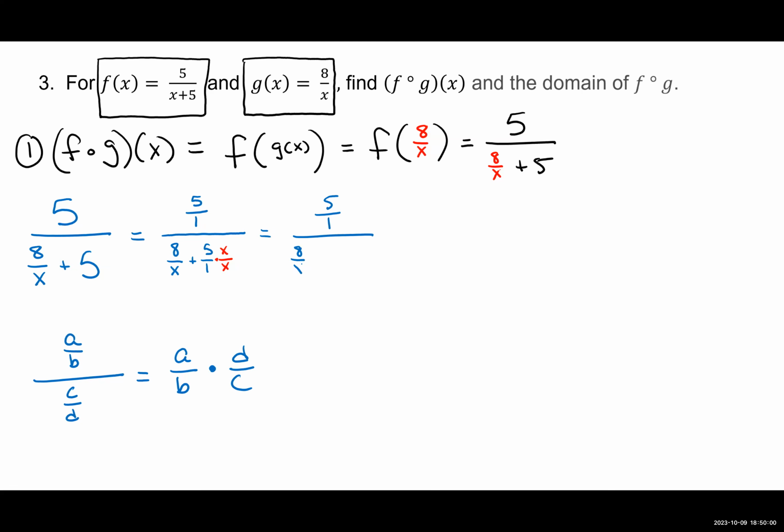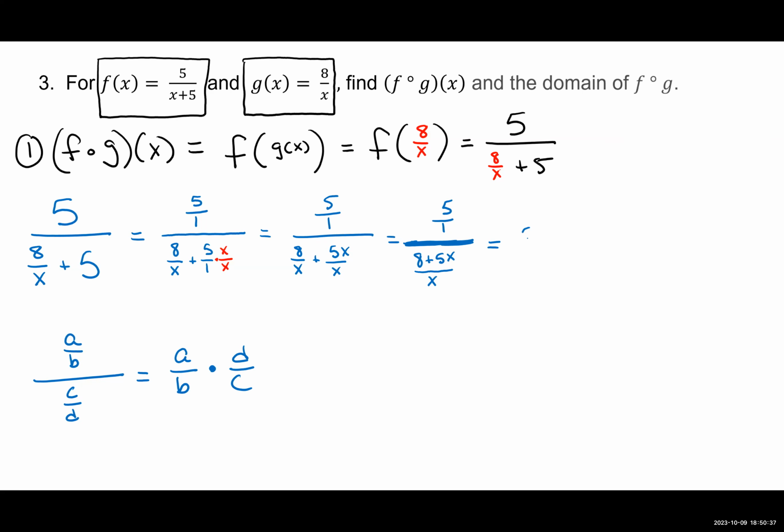So then we've got an 8 over x plus a 5x over x. So now we could combine them. So we've got on top 5 over 1, that's a fraction on top. On the bottom, we've got 8 plus 5x, all divided by x. We've got a fraction on top, a fraction on the bottom.